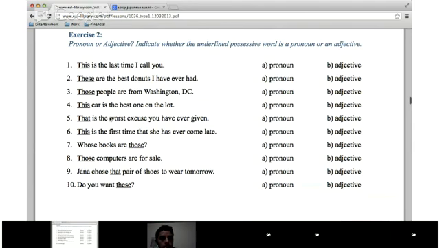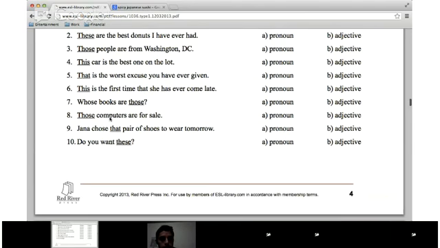Demonstrative pronouns are going to be at the end of a sentence, or following the verb to be. If it is a pronoun, it is not placed in front of a noun. If there is a noun that follows, then that would be an adjective. Let's check these out.